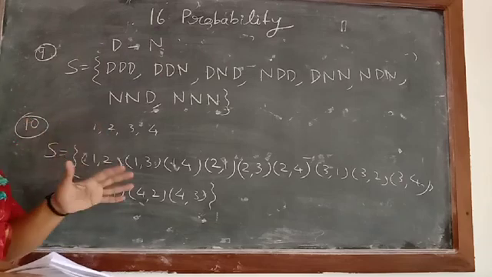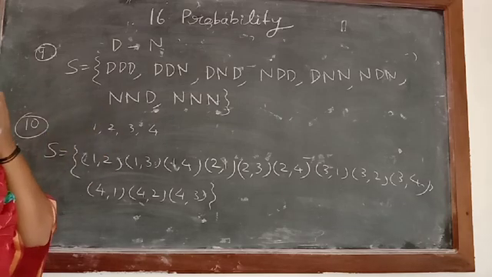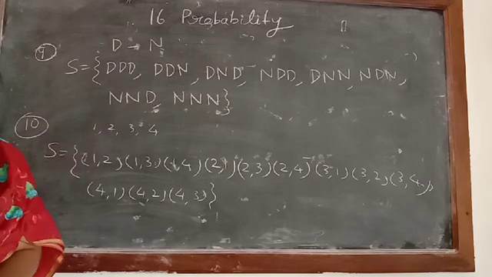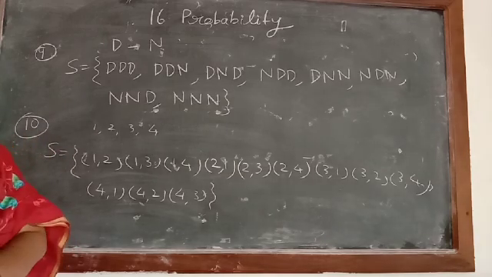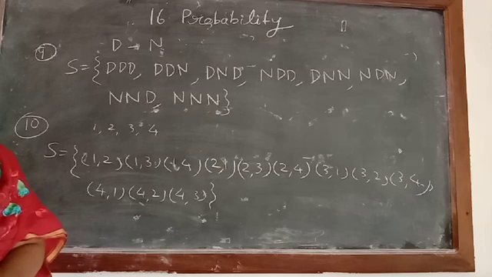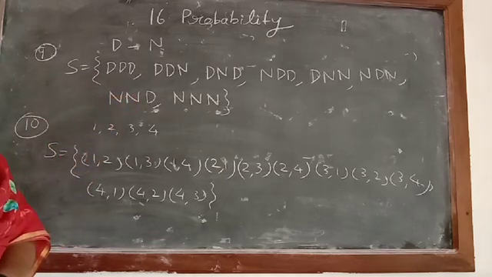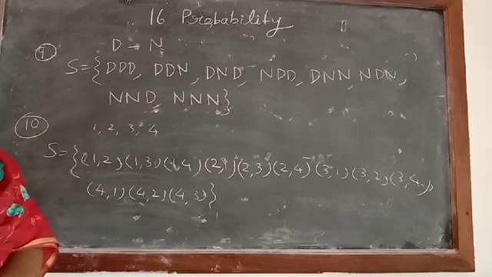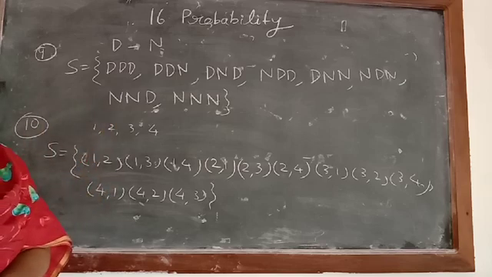You have to write down the sample space for the given event. Some questions already I discussed in the class, so those questions you can avoid, and to make your calculation easy, you just don't write down the question, you just put the question number and write down the sample space for that. So exercise 16.1 you can do. Okay, so do the questions, and in case of any doubt you can ask.